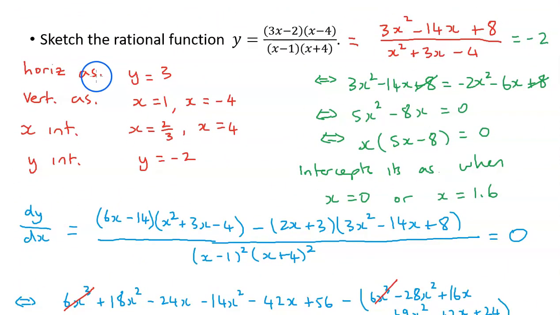Alright, so horizontal asymptote y equals 3, y-intercept y equals -2. And then I see that when I was checking whether it intercepts its horizontal asymptote, I accidentally set the function equal to -2. My bad. If you were sitting there shaking your fist at that point, I do apologize.